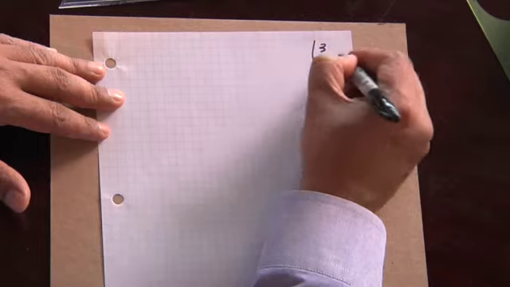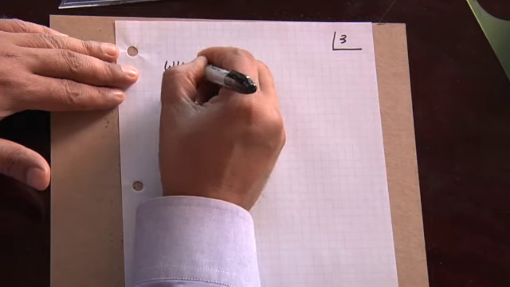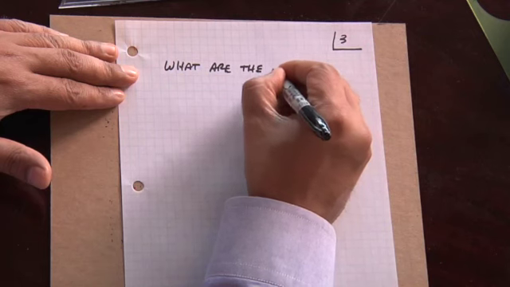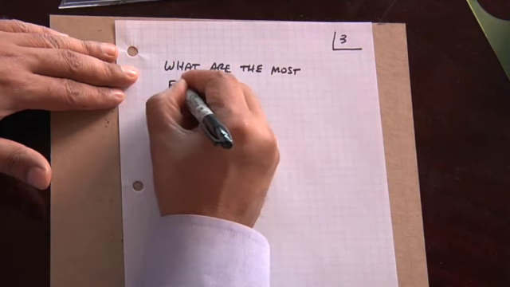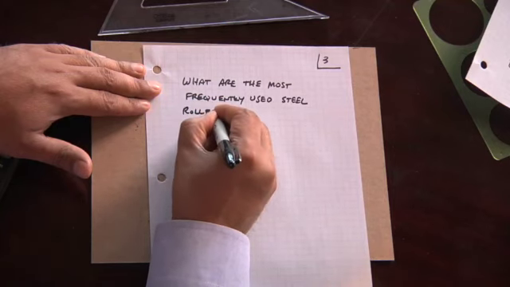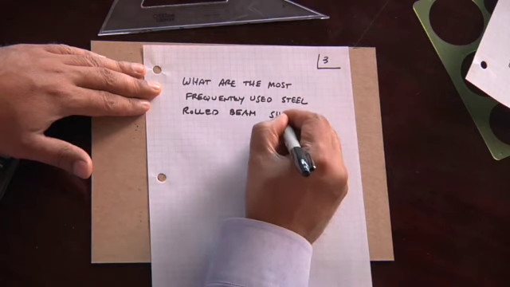I'll label this as sheet 3. This is a question out of one of the exams. The question is, what are the most frequently used steel rolled beam shapes?